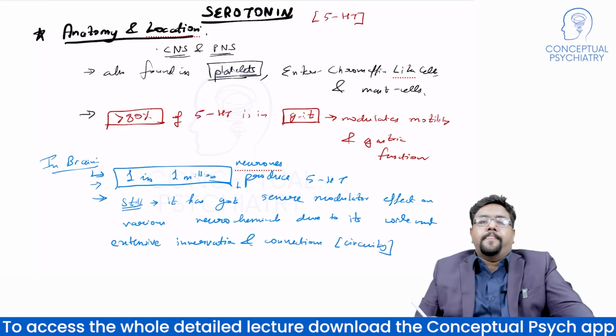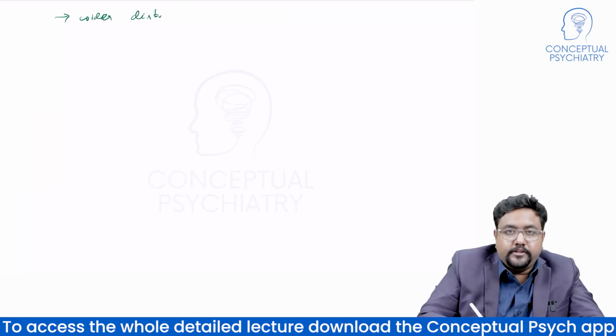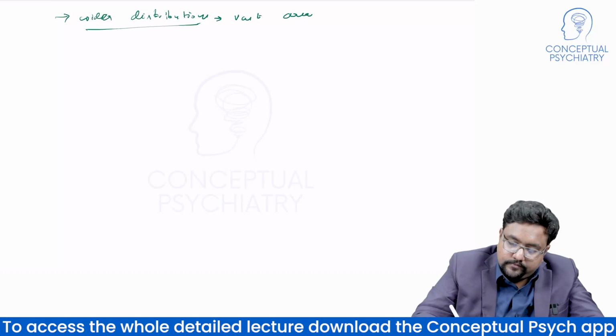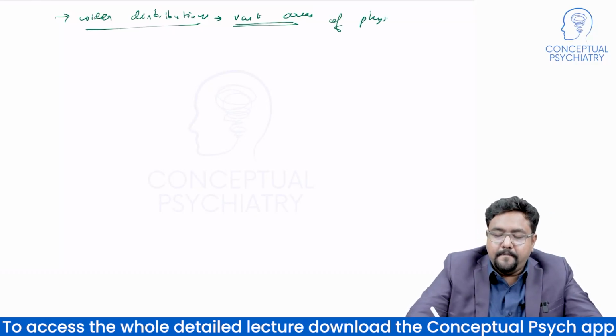Next, there is a wider distribution because of these numerous connections. There is a wider distribution in vast areas of physiological and pathological functions.